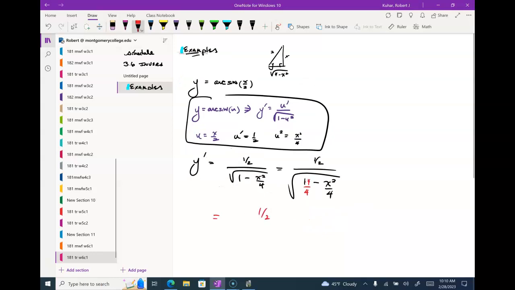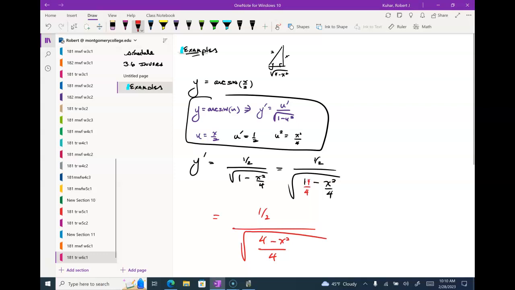So I've got 1/2 over the square root of 4 minus x squared over 4. Do you recognize the square root of 4 minus x squared from anywhere? Do you see it anywhere else on the page? Yeah, it's on the triangle, isn't it? It's not a coincidence.